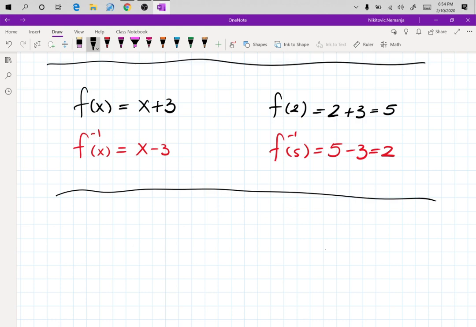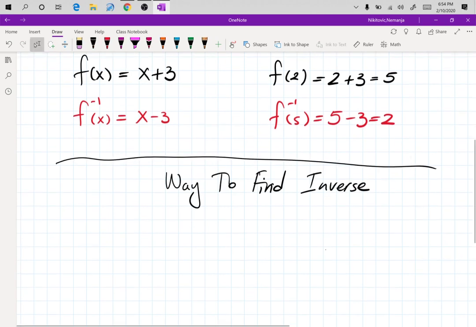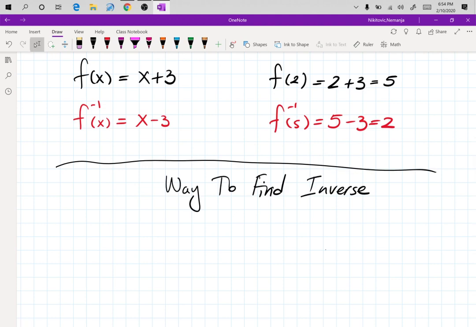Now, a way to find the inverse. Well, what I said before, the diagram here really helps us out in figuring out what the appropriate formula is.